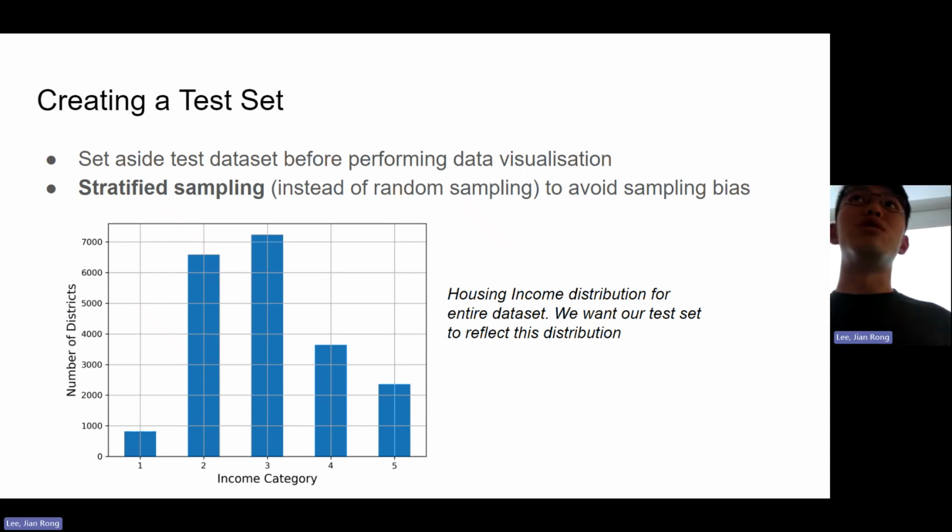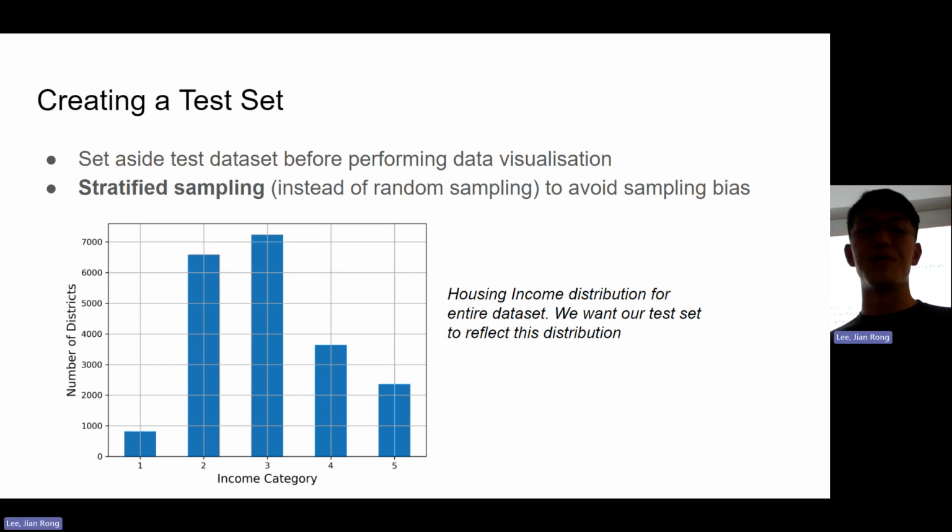So when we split away the test data, we want to make sure that the test data reflects this distribution. For example, if we took the last 4,000 entries and those only contained rich people, then our test wouldn't evaluate our model fairly. Our model might perform either really well or really badly, and it's not a fair assessment. So to assess our model fairly, we want to split it according to this distribution.